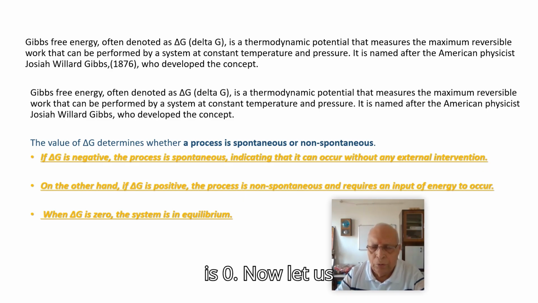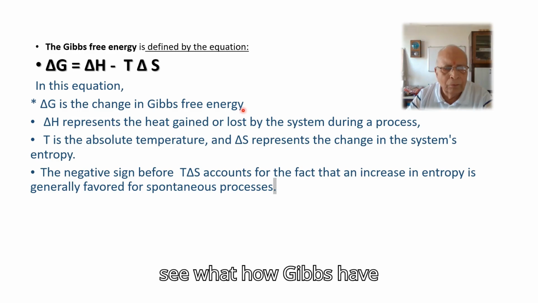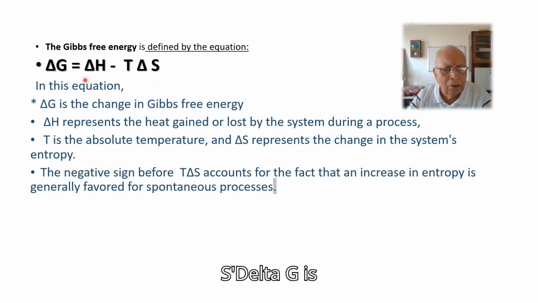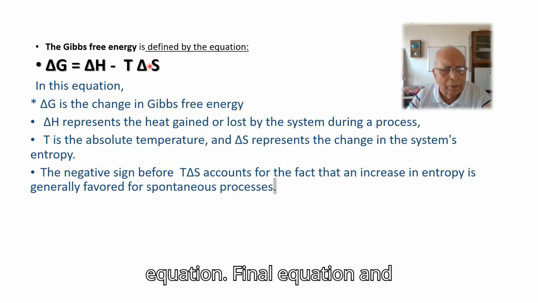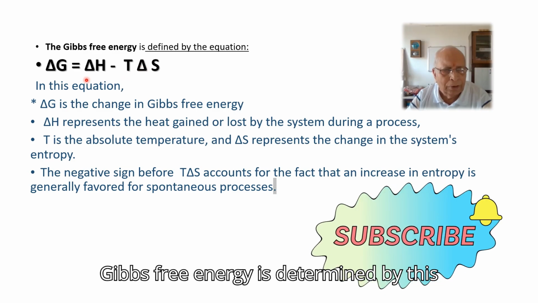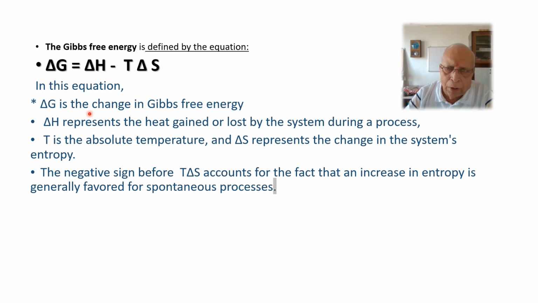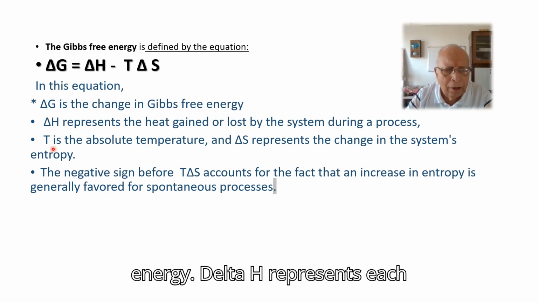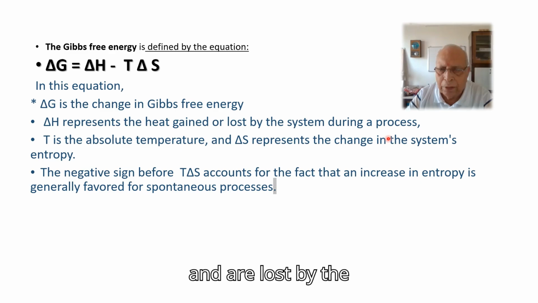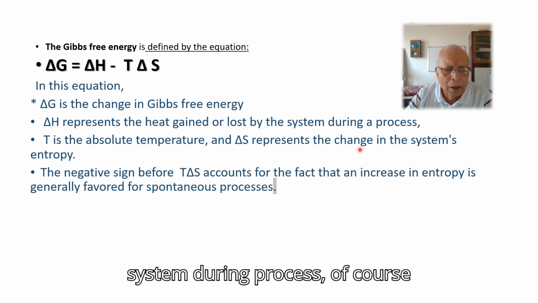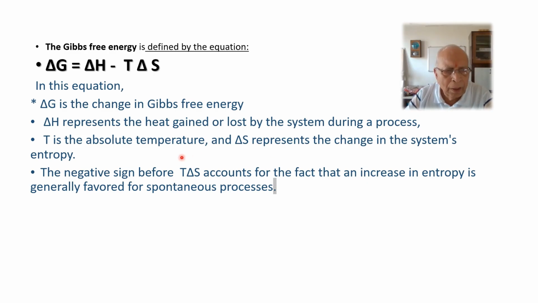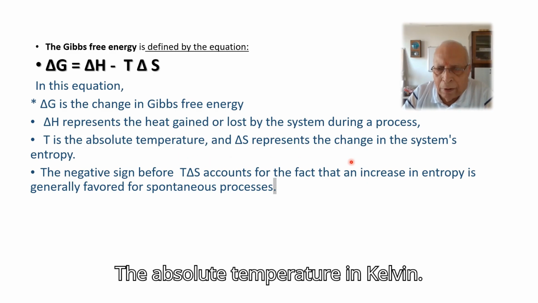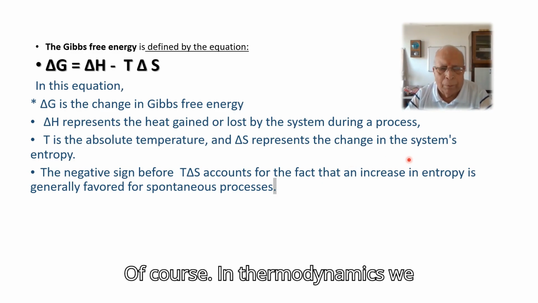Now let us see how Gibbs related this with H and S. Delta G is equal to delta H minus T delta S. This is the final equation, and Gibbs free energy is determined by this equation. It has to be assimilated, learned properly. Delta G represents the change in free energy. Delta H represents heat gained or lost by the system during the process, of course at constant pressure. T is the absolute temperature in Kelvin. Of course, in thermodynamics, we use Kelvin temperature.